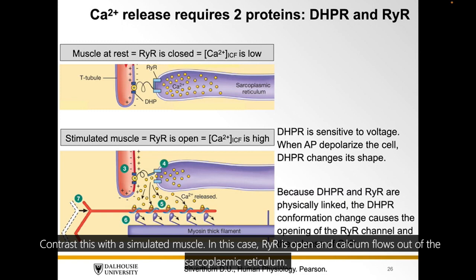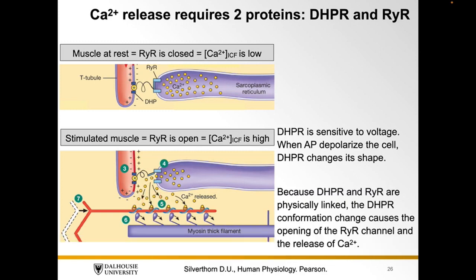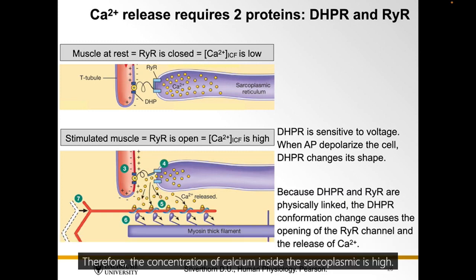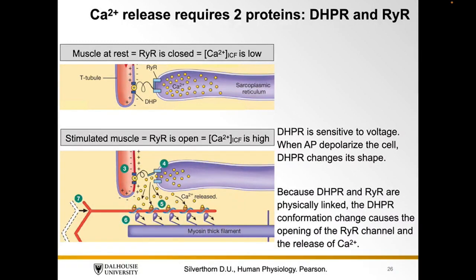Contrast this with a stimulated muscle. In this case, RYR is open and calcium flows out of the sarcoplasmic reticulum. Therefore, the concentration of calcium inside the sarcoplasm is high. So in our next video, we'll discuss how calcium allows the interaction between actin and myosin and the contractions of muscle. Stay tuned.